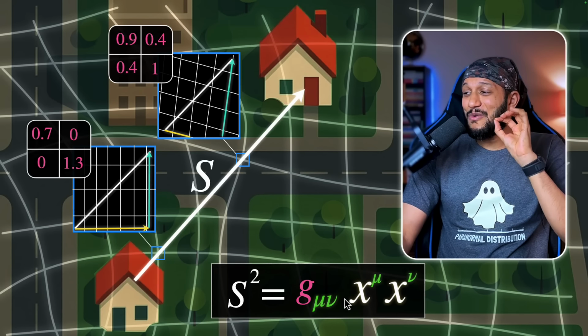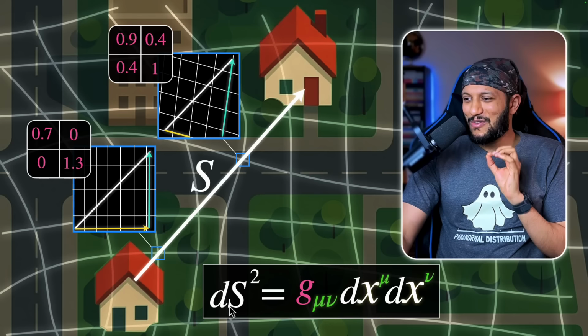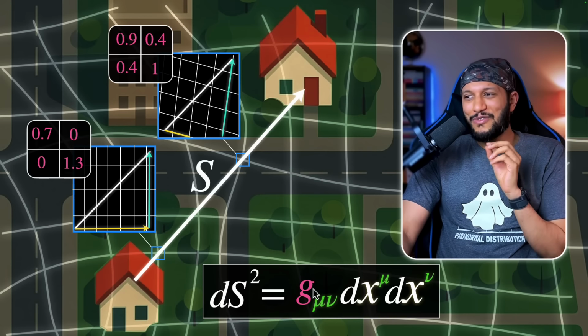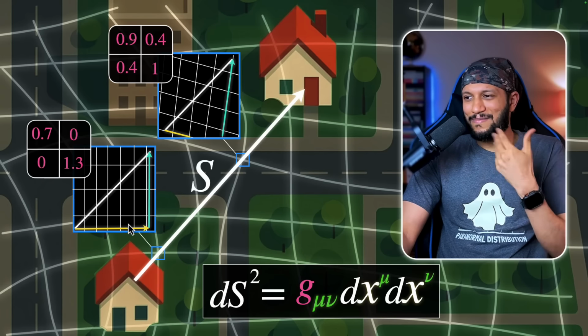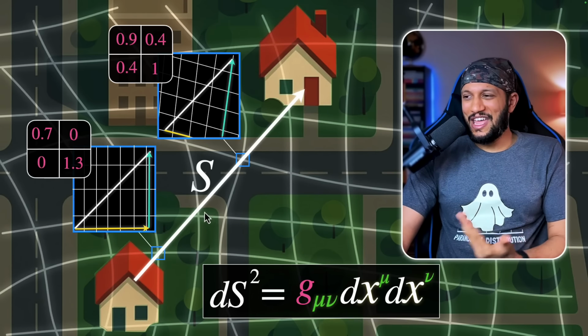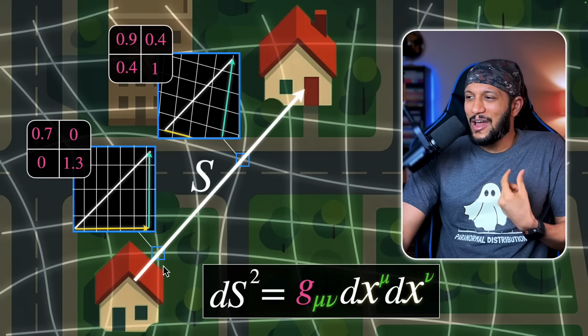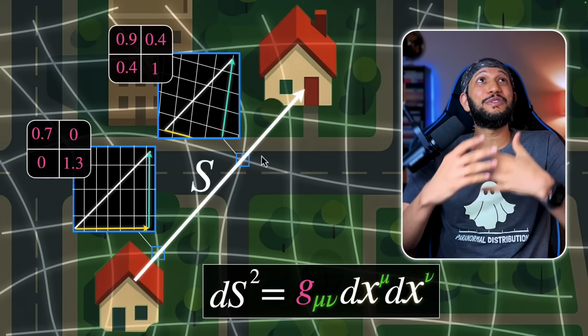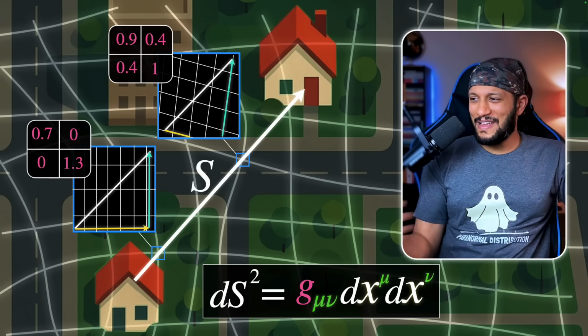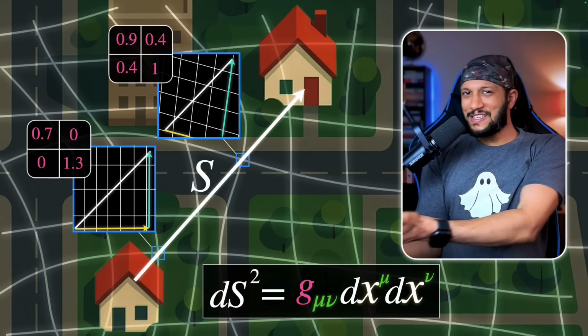This is a differential formula. So I should have called it the small differential element square. And these are small differential x and y, or coordinate terms, displacement terms. This means in general, if we are calculating it, we have to add up all these individual elements, which means we have to integrate it.